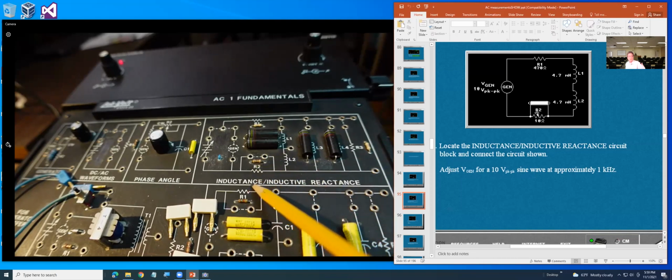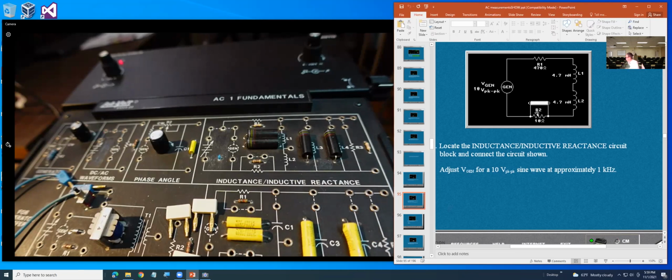Inductive reactance. So the first thing you have to do is connect the circuitry exactly as they show you on the display.